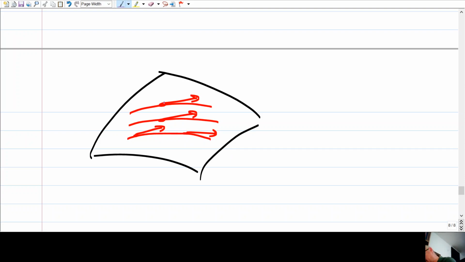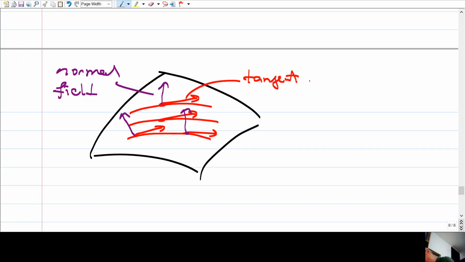What's a normal field? Normal field is something like this. At each point, we pick a vector which is normal to the surface. So this is a normal field, and this is a tangent field.